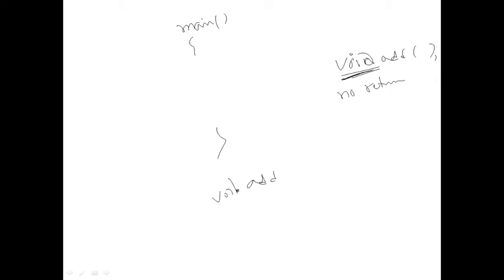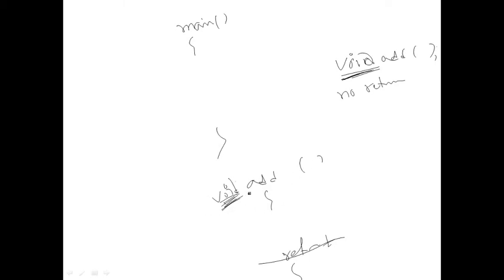I'm talking about the previous example: here we wrote return z, so this line will not exist because we are not returning, since we just put void in place of the return type. We don't want to return anything. The void means no return, void means null, void means nothing.